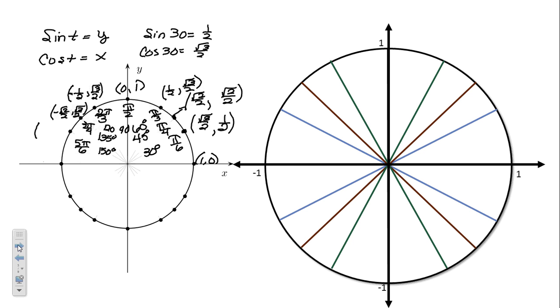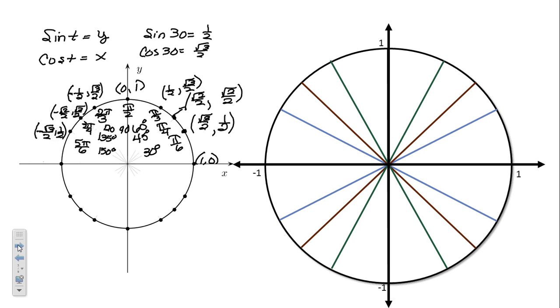It's a 30-degree angle, so cosine of 30 is square root of 3 over 2, right? Positive or negative? Because we're going to the left, negative. And 1/2. Okay?